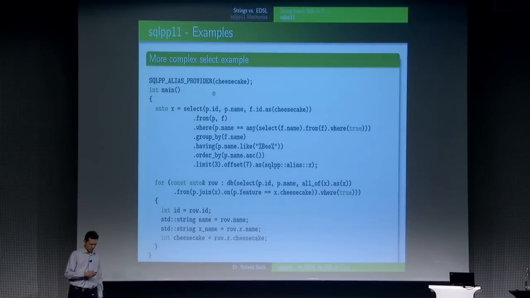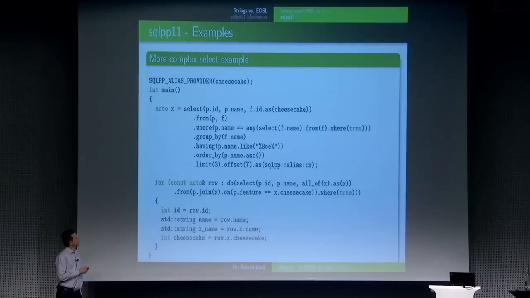Then an example to show off a little bit, because the previous examples were so short, and just to make sure that you don't have the impression that the library only supports very easy statements. So what we're doing here is we define a select, selecting two columns, ID and name from the person, and then we try to select the ID from feature as well.